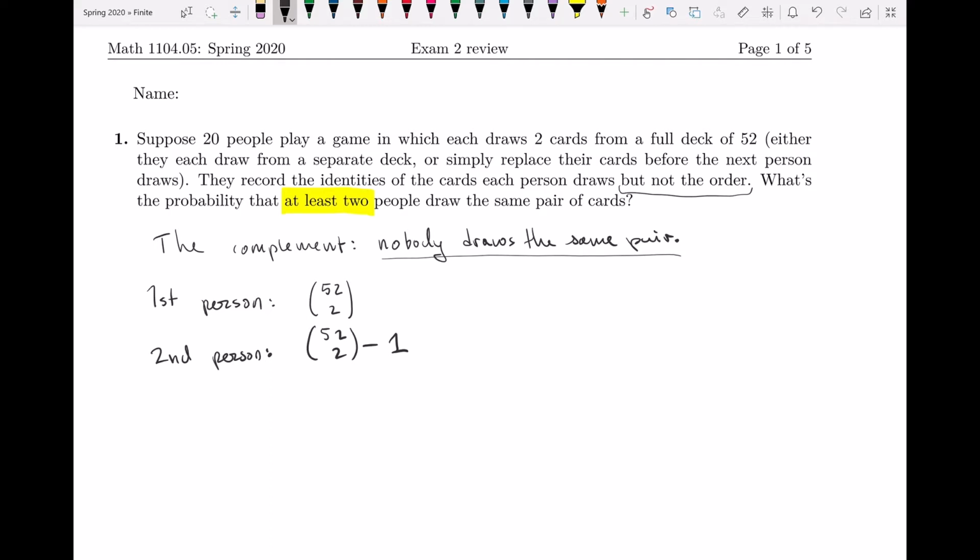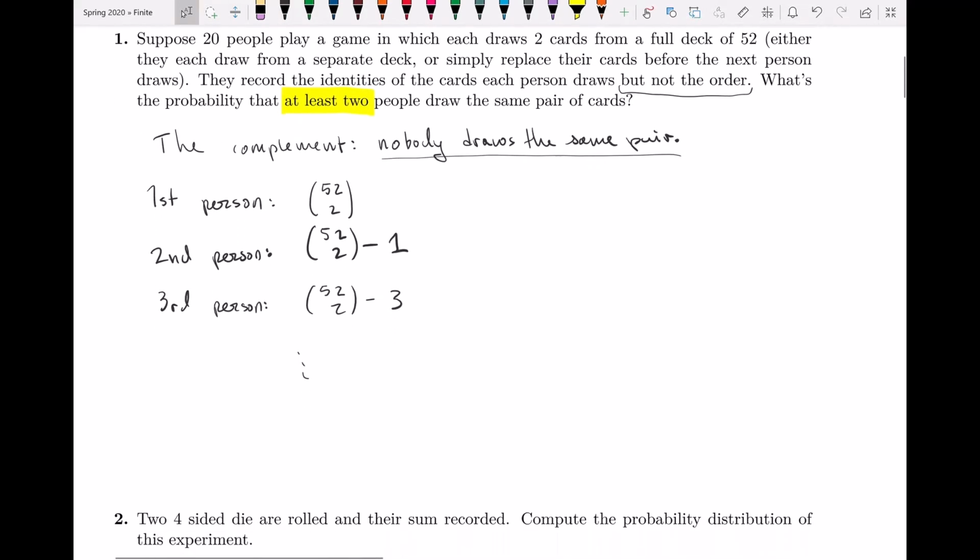Alright, third person, they have 52 choose 2 minus 2 possibilities, and so on. The last person, so the 20th, we have 52 choose 2 minus 19.